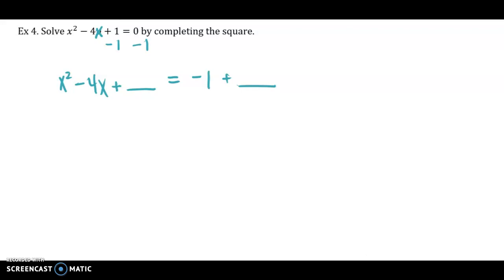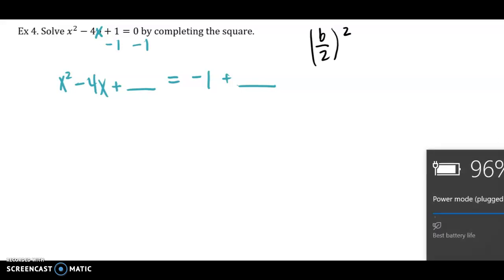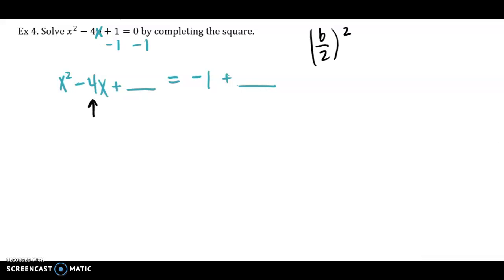Then you're going to do b over 2 squared on the side. In this case b is negative 4. So negative 4 divided by 2 is negative 2, and then squared is 4. So you add 4 here, and you add 4 here.